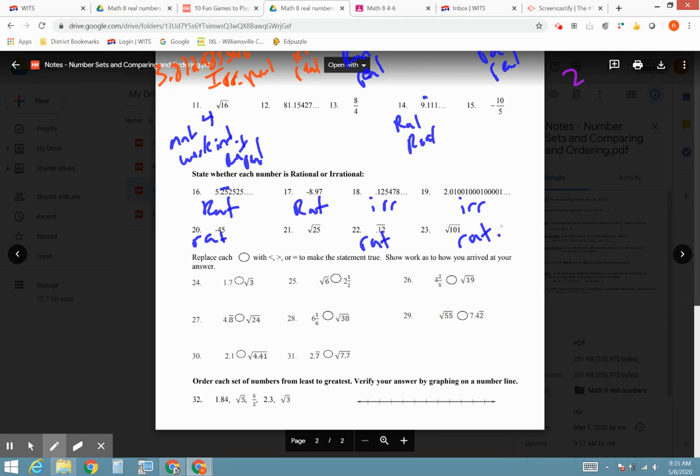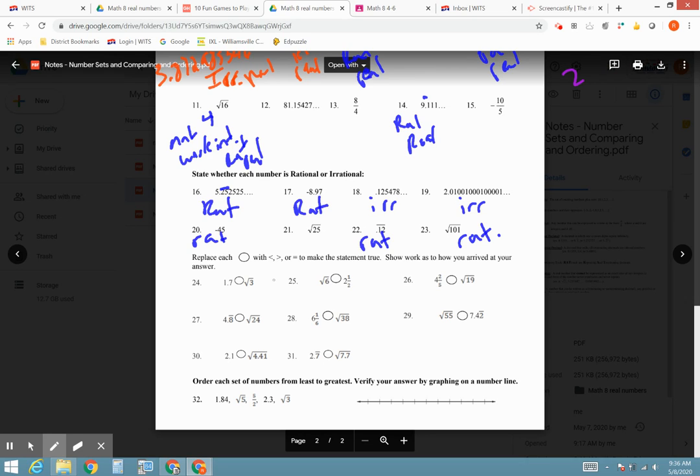Okay, now you're doing greater than, less than, or equal to. So you, again, are going to need your calculator. So I have 1.7 and the square root of 3. So I'm going to calculate the square root of 3.